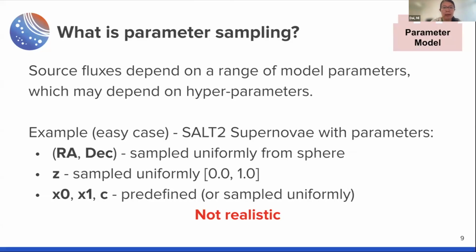For this very simple example, we want to simulate some supernovae using the SALT model I just mentioned, with a location drawn uniformly from a sphere and a uniform distribution of redshift. And these parameters from the SALT model can be some uniform distribution or some predefined distribution. This is very simple and not really realistic.